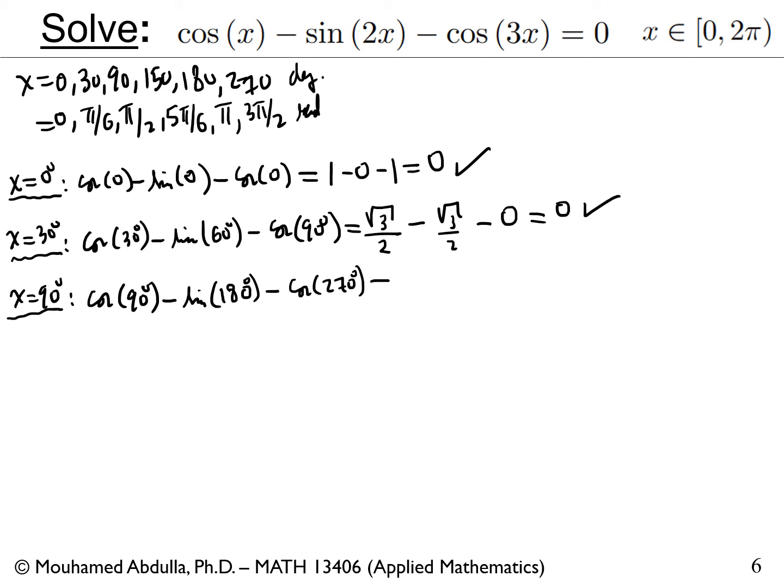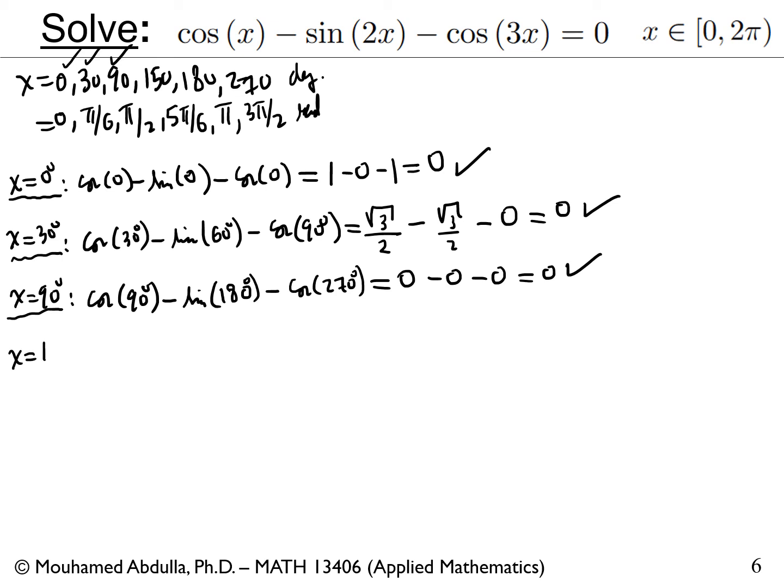Let's see what this is equal to. Cosine of 90 degrees is 0. Sine of 180 degrees is 0. Cosine of 270 degrees is also 0. So this gives us a 0, which is also good. So we verified this one, this one, this one. Let's go with the next one.